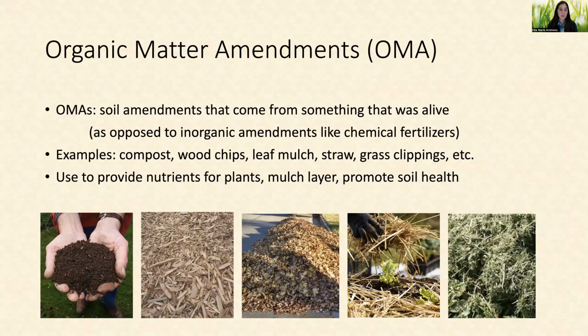Examples that you're probably familiar with are compost, wood chips, leaf mulch, straw, grass clippings, etc. These organic matter amendments are used to provide nutrients for plants, create that mulch layer that I discussed, and generally promote lots of different components of soil health.